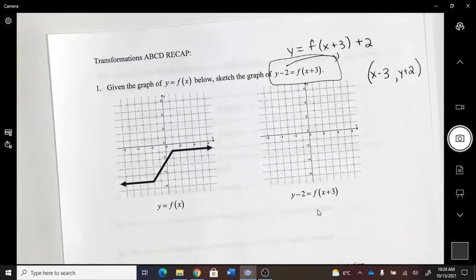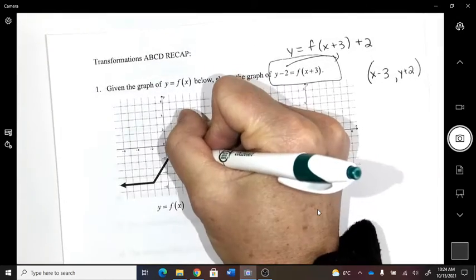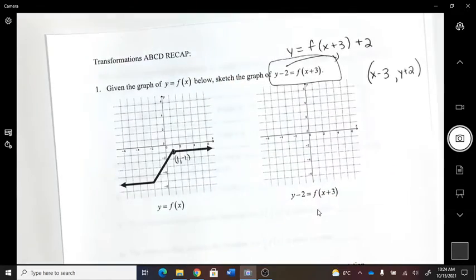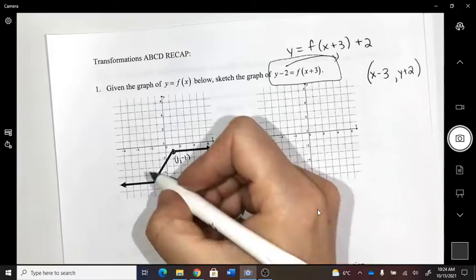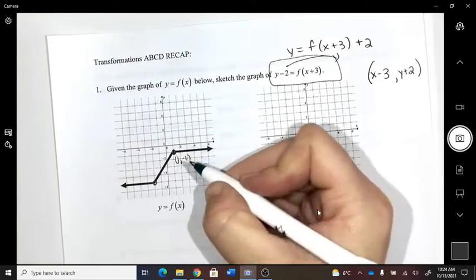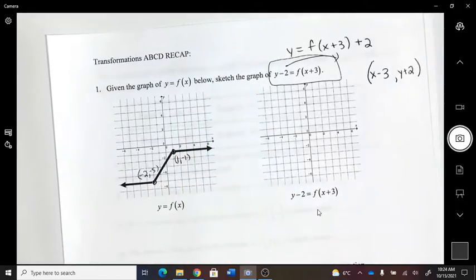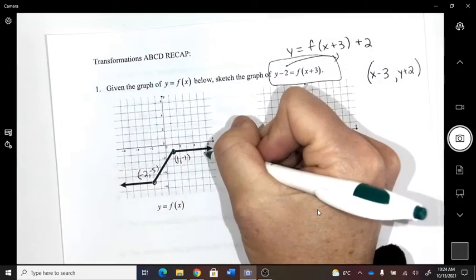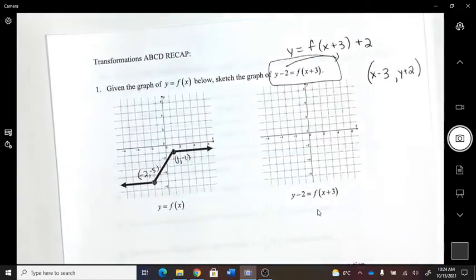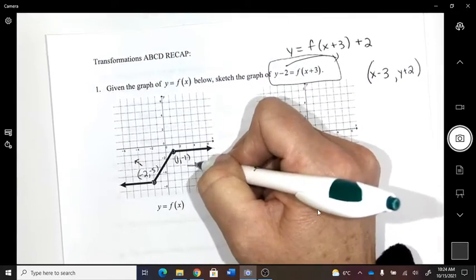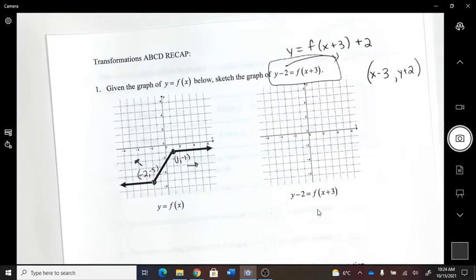Okay, let's take a couple coordinates here. How about 1, negative 1? How about negative 2, negative 5? Okay, can you tell me the new coordinates for those 2 points?